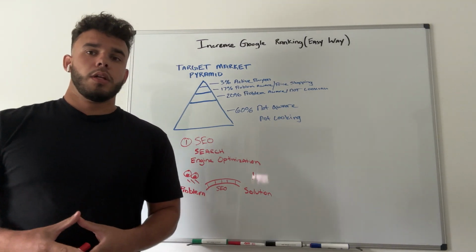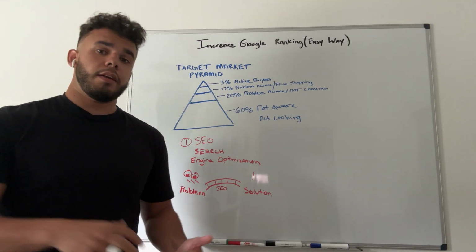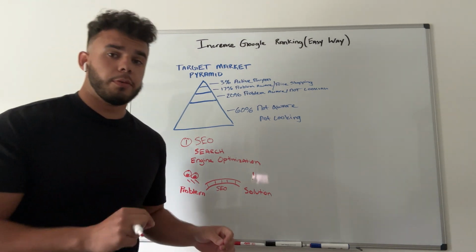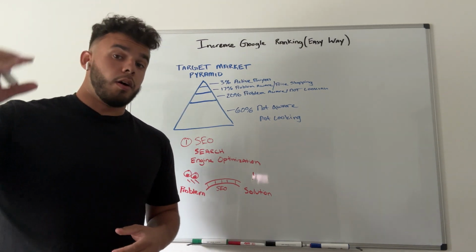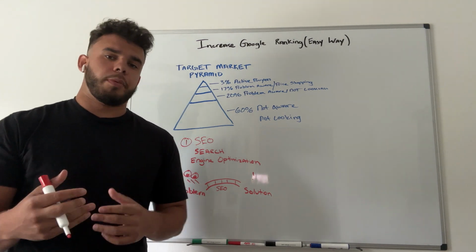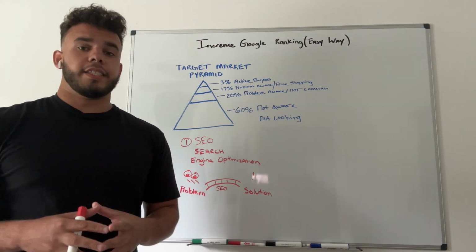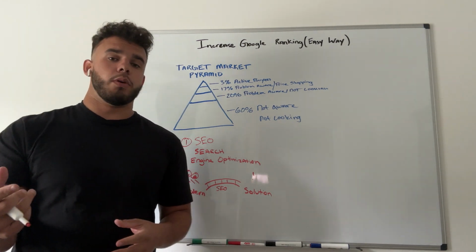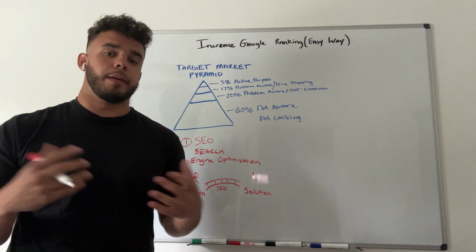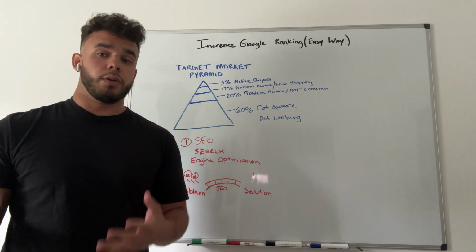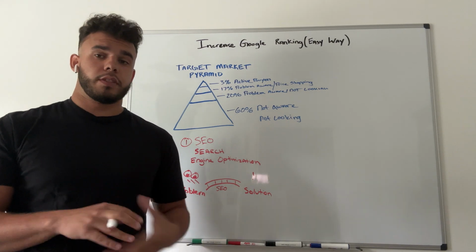Say you're looking to go to a restaurant, so you look up restaurants near me, and all the restaurants in your area are going to pop up. Restaurants near me is an SEO phrase. What you're looking for is certain keywords and phrases that people will be looking for your product or service.